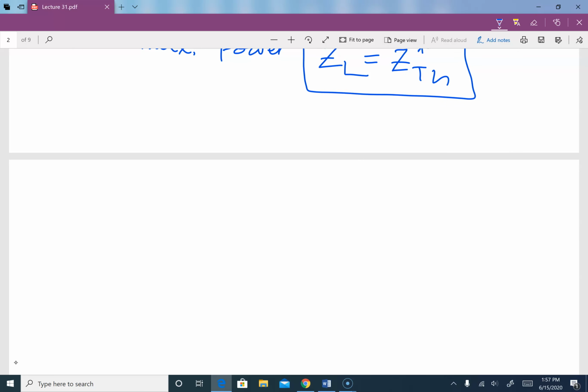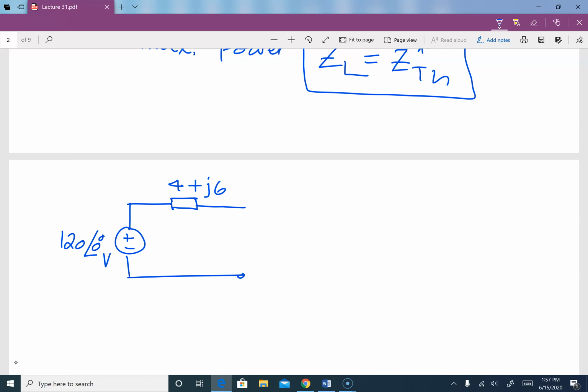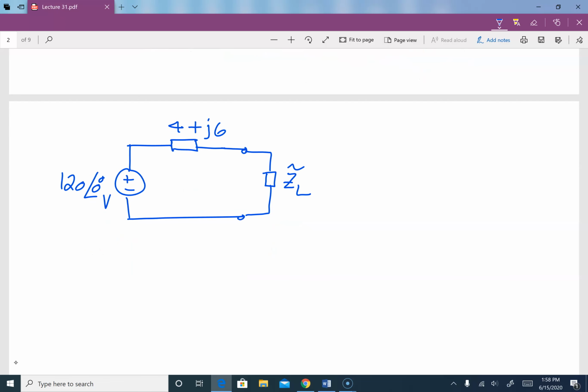For example, if I have a circuit like this, with a source of 120 with angle 0, and over here we have, let's say, 4 plus j6, then our ZL to receive maximum power should equal the conjugate of 4 plus j6, which is 4 minus j6.